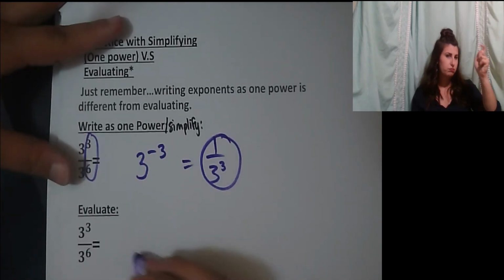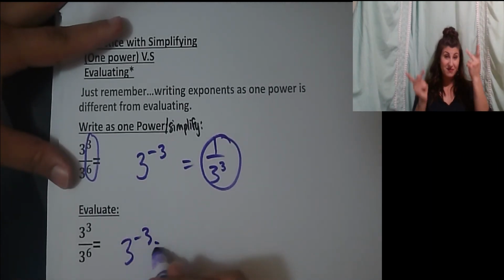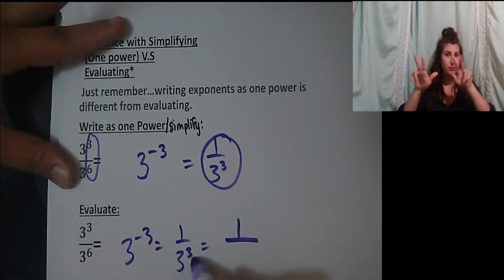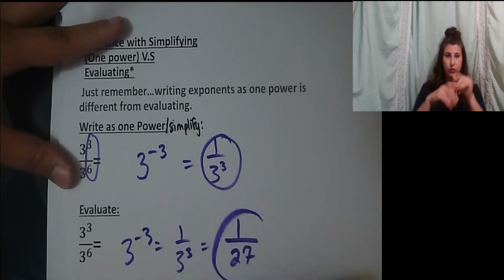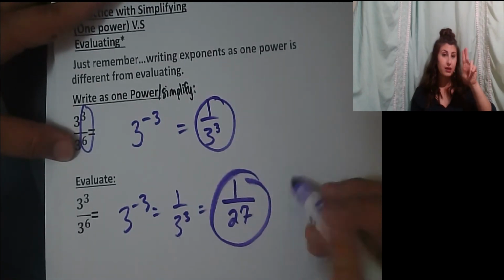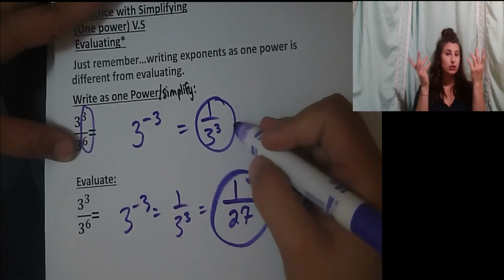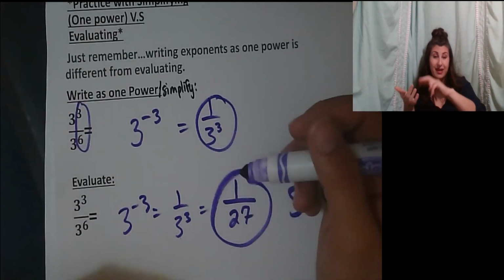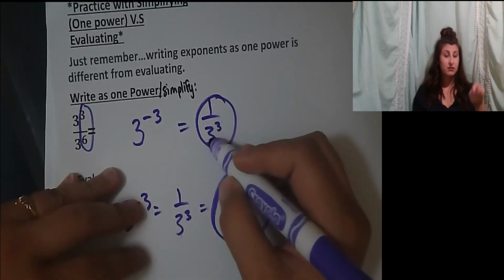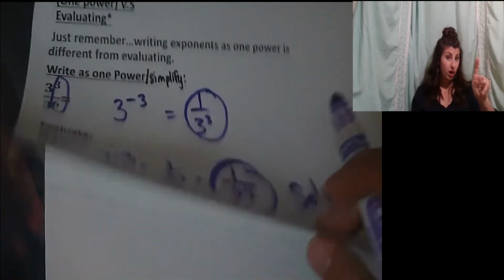But if I were evaluating it, I would have to say 3 times 3 times 3 to make this. Remember, to evaluate is to solve. To simplify is to write it to 1 power, so an exponent to a base. 1 base. And that is the end.